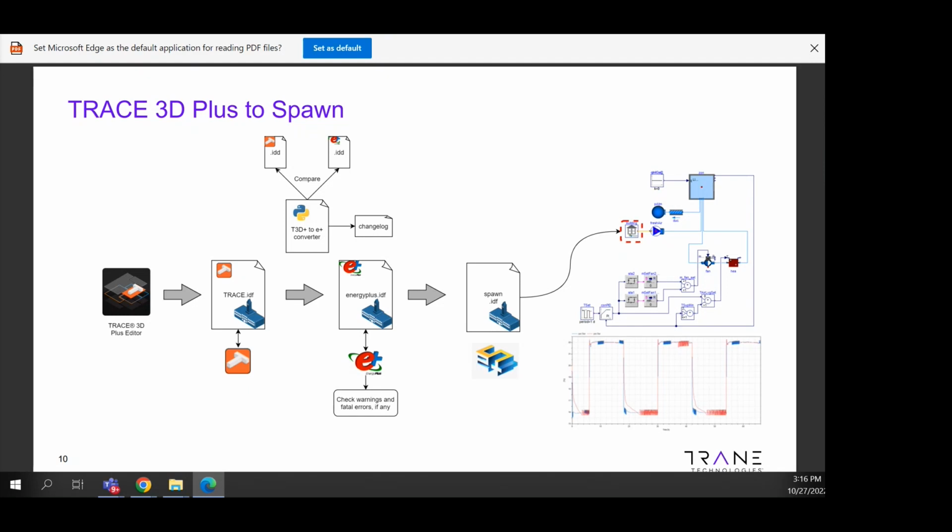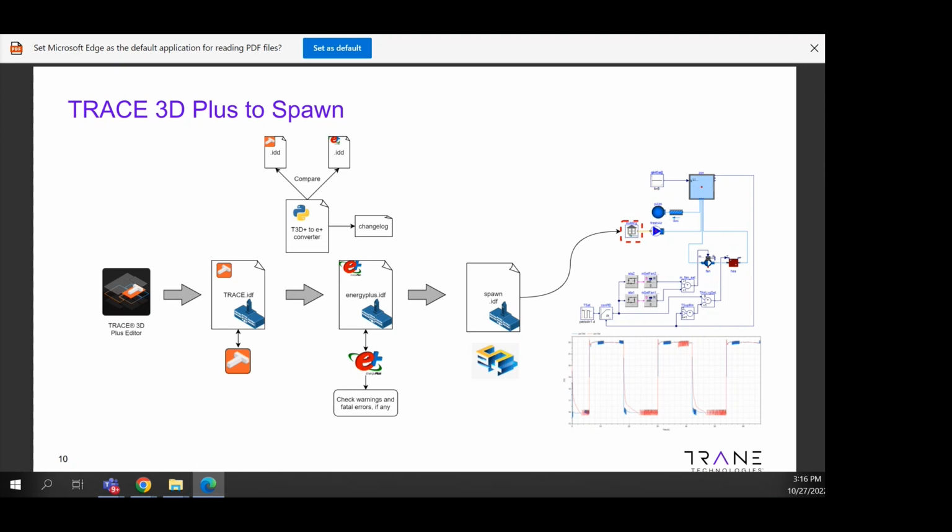In that case, if those control options are there in the Trace IDF, we replace them with the default value or default control method definition in the Energy Plus IDD. Finally, it's basically to make the IDF compatible with Energy Plus.